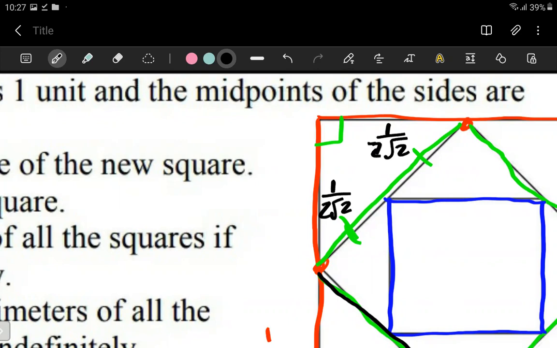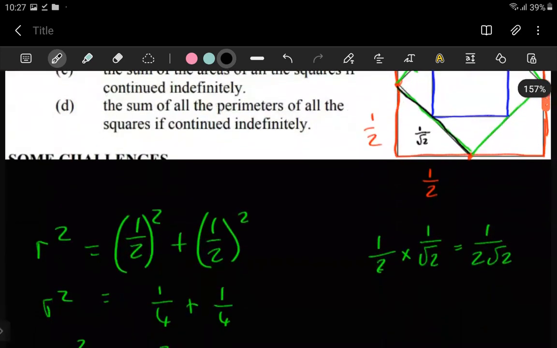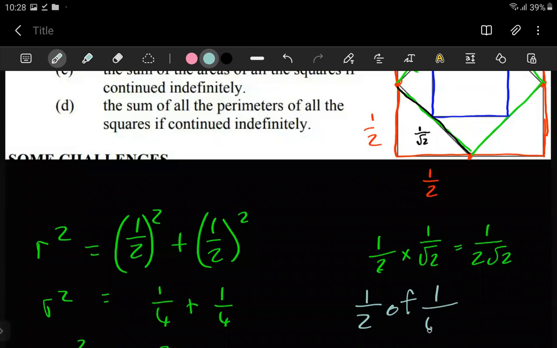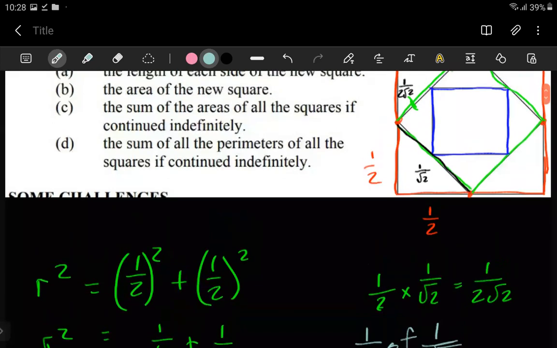Why do you times it with a half? Because that's what "half of" means. Half of 1 over square root of 2, because we want half of it, right?